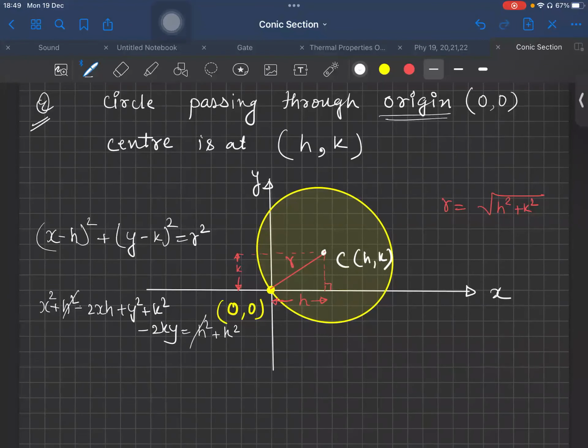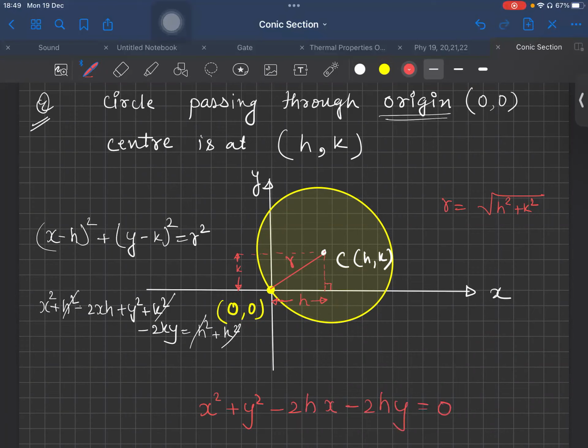Now h square and k square you can cancel. So what will be the equation of the circle? It will become x square plus y square minus 2hx minus 2ky is equal to 0.